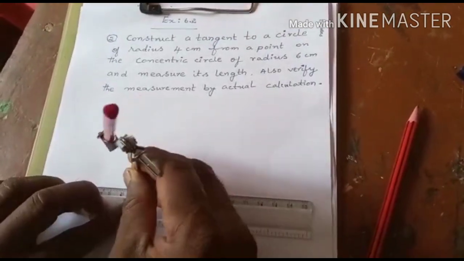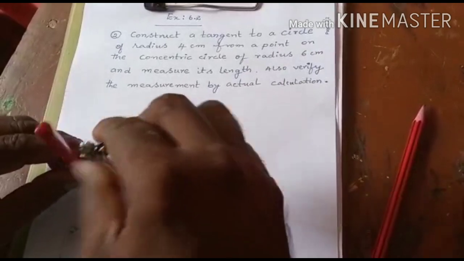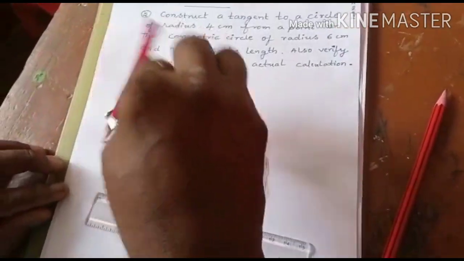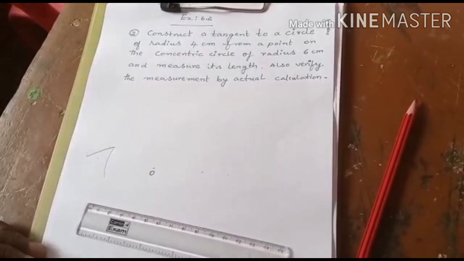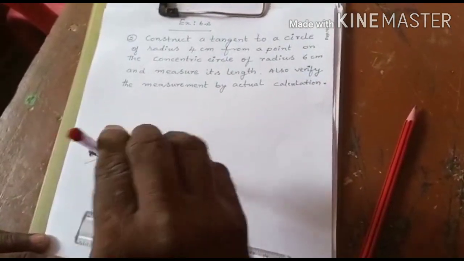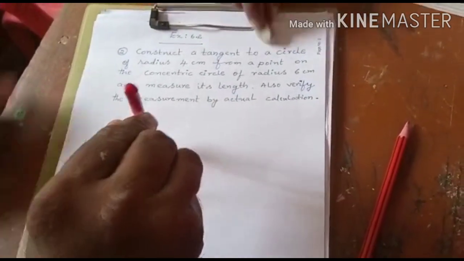Step 1. Draw a circle of radius 4 cm with center O on the given plane.